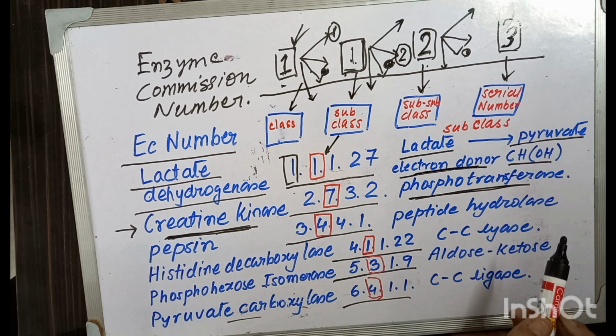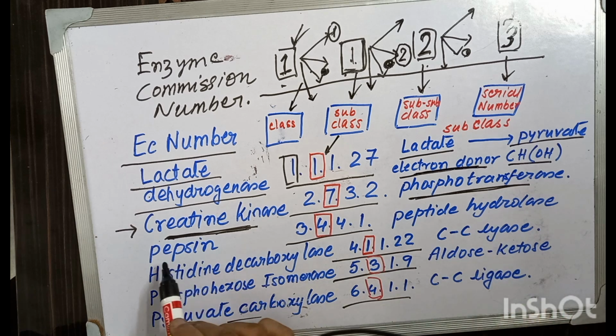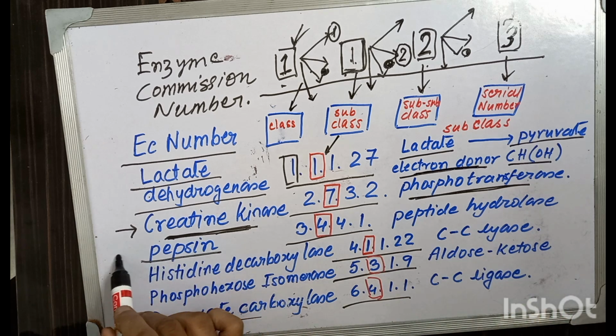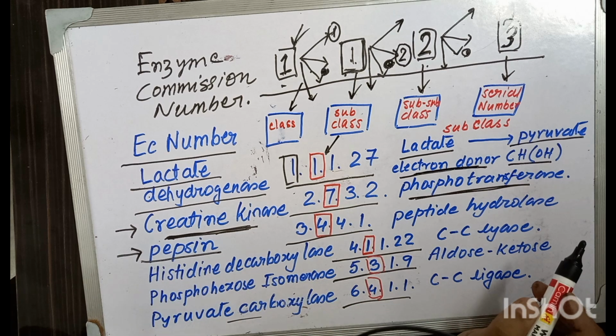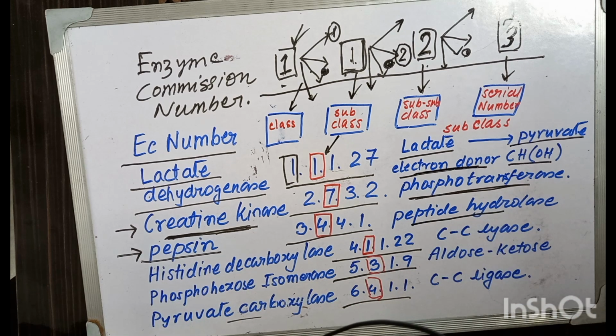For a hydrolysis reaction, I have cited the most common enzyme, pepsin. Pepsin is a protein digesting enzyme and it is a peptide hydrolase. Likewise, different hydrolases are present in our body. There are glycosidic hydrolases, which break bonds between long complex carbohydrate molecules.